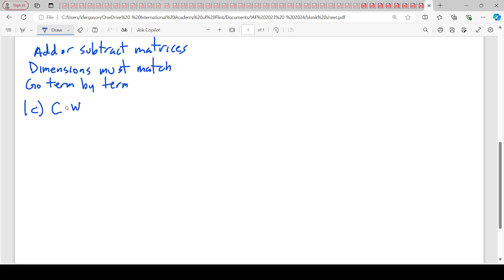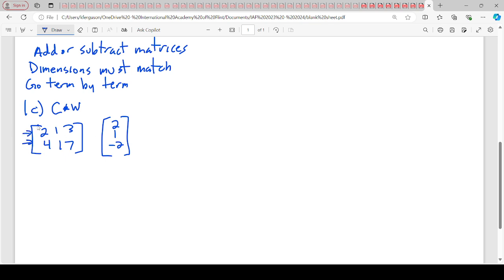So that's why I'm writing it out like this. And we got to make sure we follow it right. So C is 2, 1, 3, 4, 1, 7. And W is 2, 1, -2.